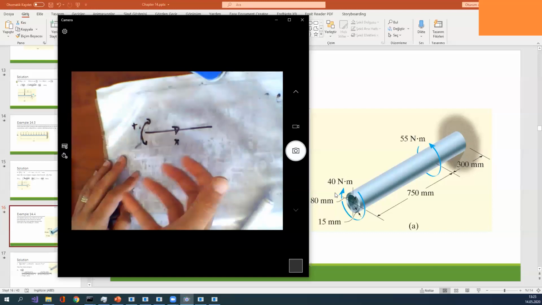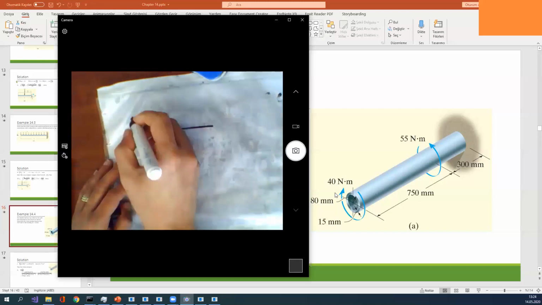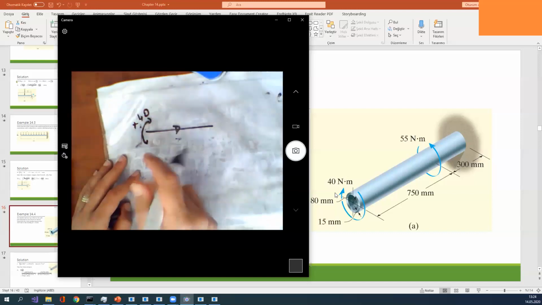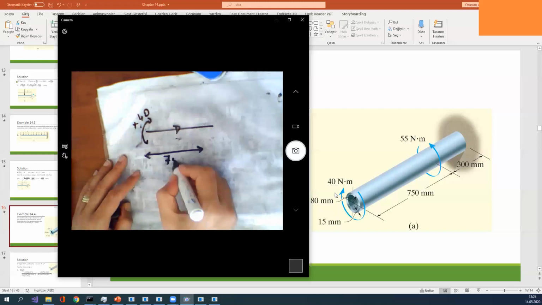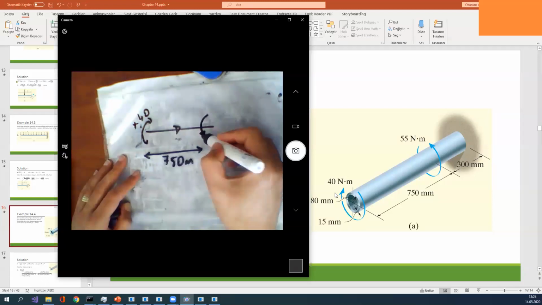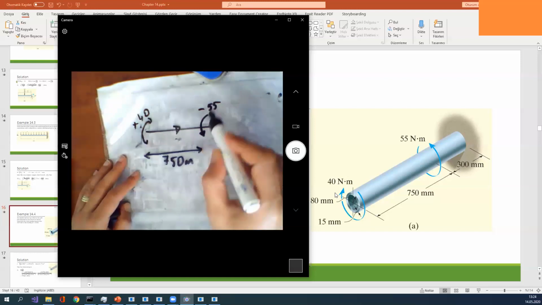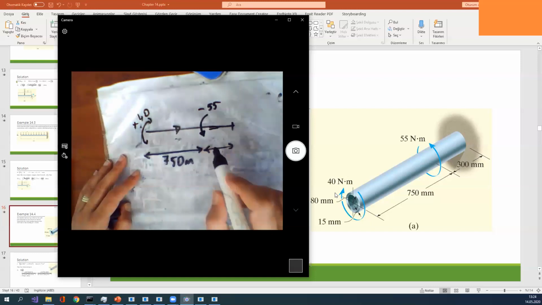Now, using the right-hand rule, it is positive 40. And this length is, as written in here, 750 millimeter. After that, we have a reverse, minus 55 torque, and this length is 300 millimeter.